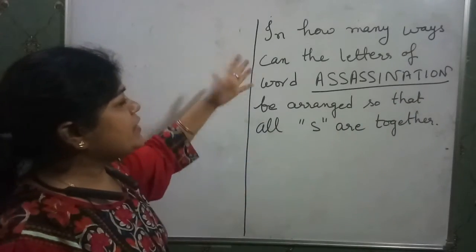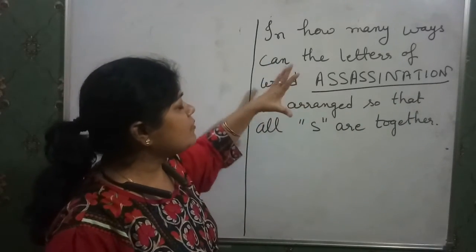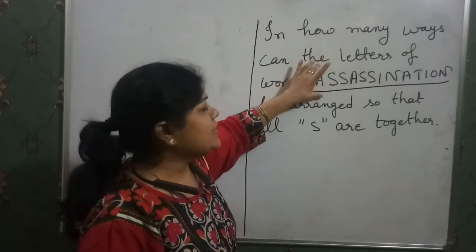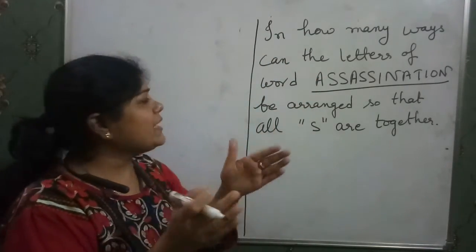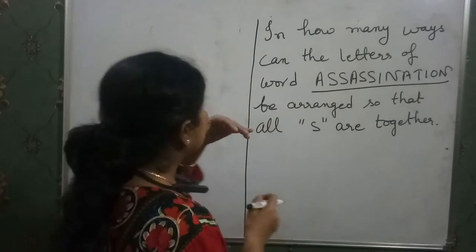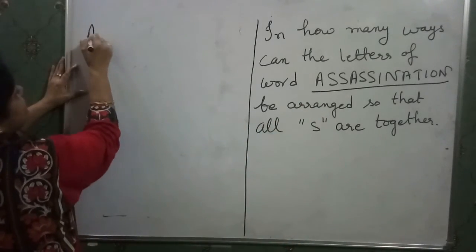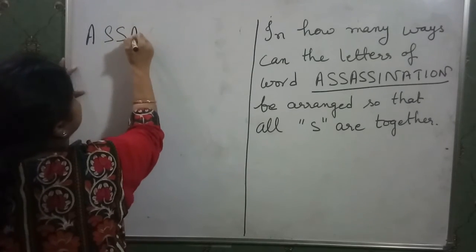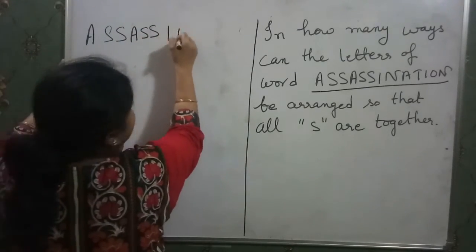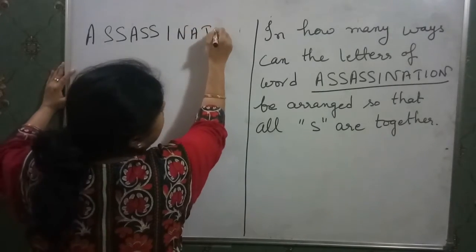That means we have to find the number of ways in which we can arrange these letters so that the group of all the S letters comes together. Now we write the letters properly: A, double S, A, double S, I, N, A, T, I, O, N.